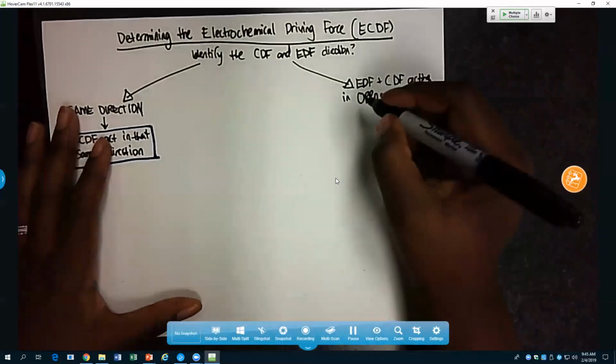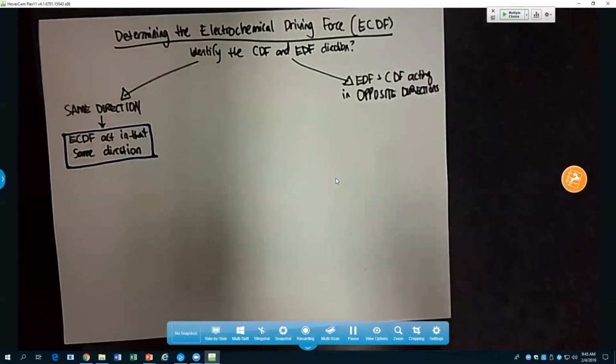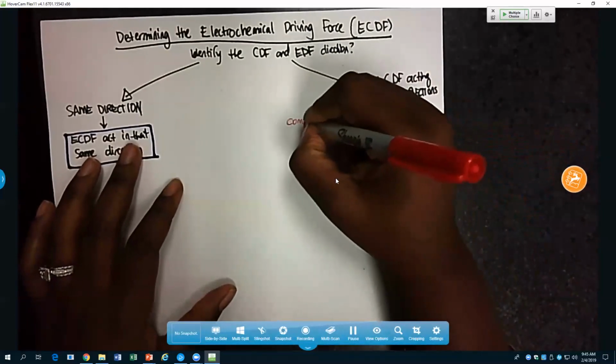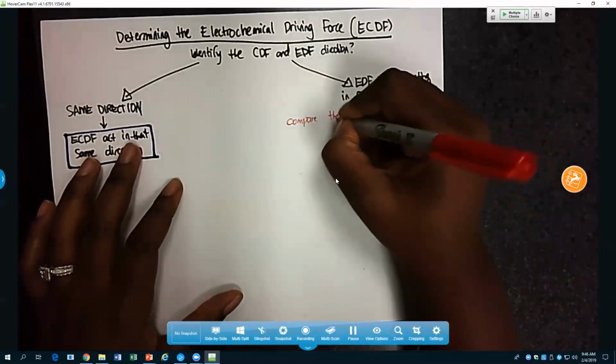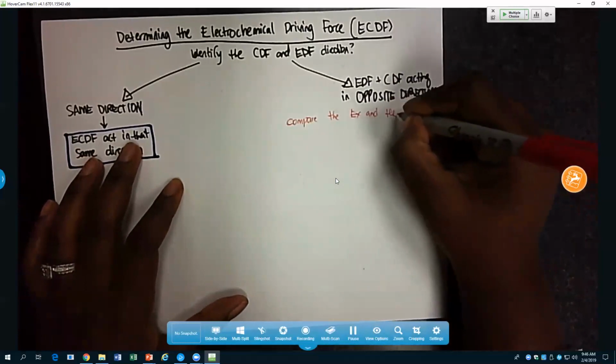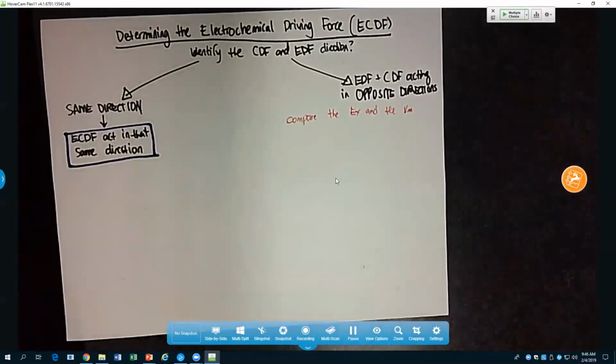What we have to do at this point is, I'll write this in red here, compare the equilibrium potential and the membrane potential. We said that the equilibrium potential is an indicator of the chemical driving force, of the concentration gradient.